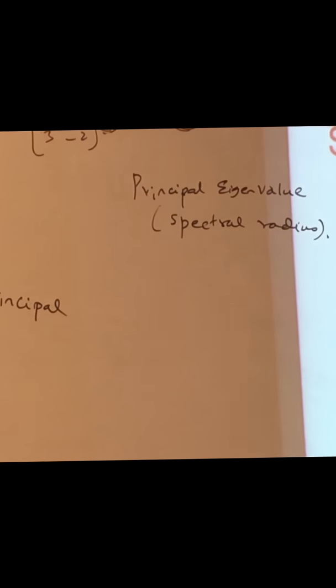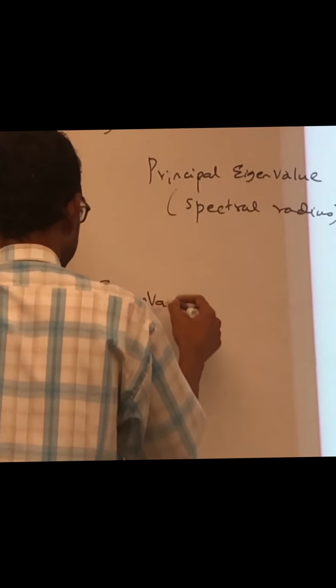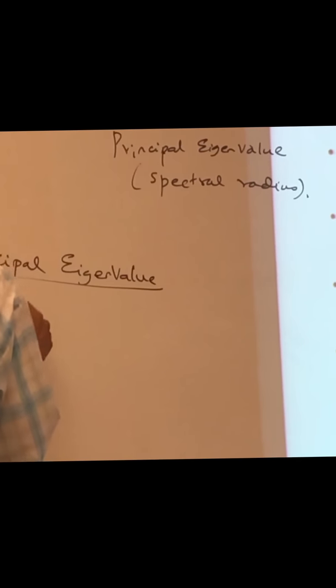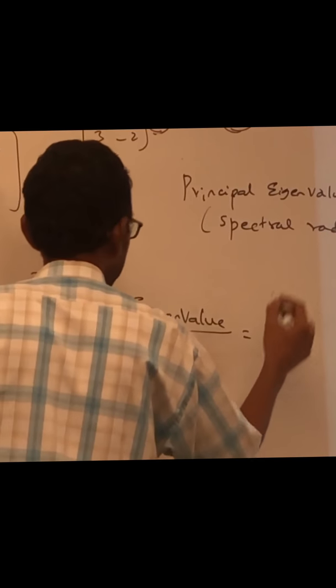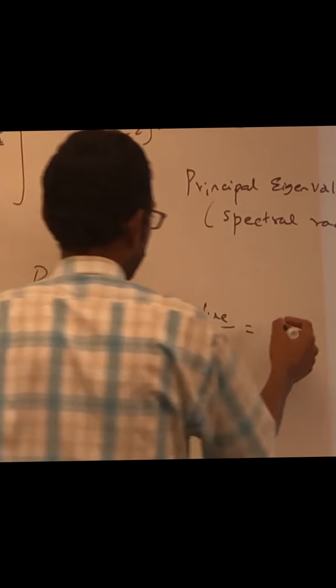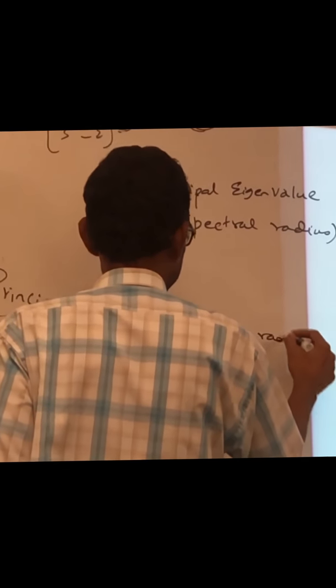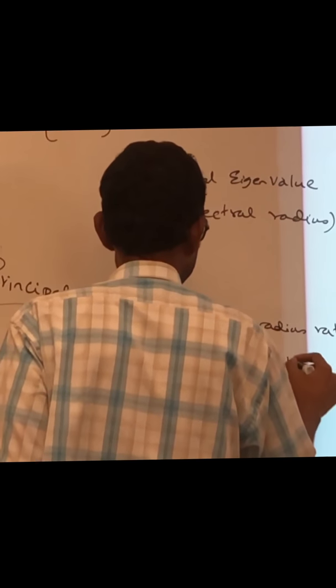If you take the ratio of the principal eigenvalue, which is the spectral radius, and the average degree, that is called the spectral radius ratio for node degree.